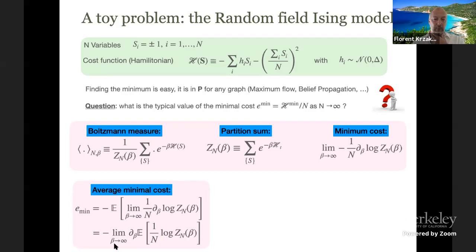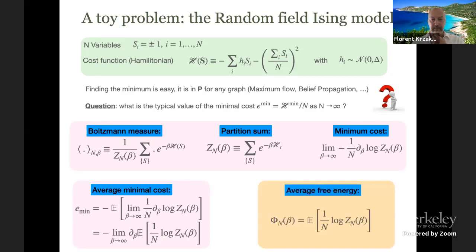This is what we want to compute. Now this means that this object, the expectation of log Z divided by n, is fundamental. It's called the average free energy, and this is what we are going to consider for everything that will be said today. Phi_n of beta.